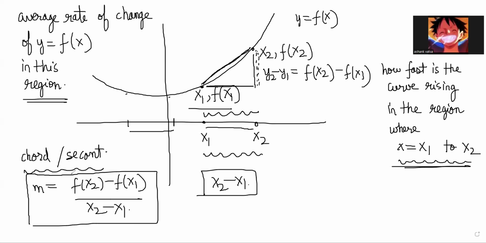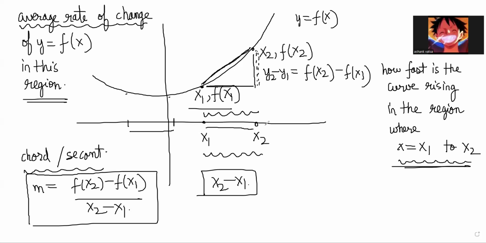This tells us how fast the graph is changing in this particular region, and it is an average rate of change. It doesn't tell us how fast the graph is changing at exactly one point. It tells us over a period of x1 to x2, right? Are you understanding?